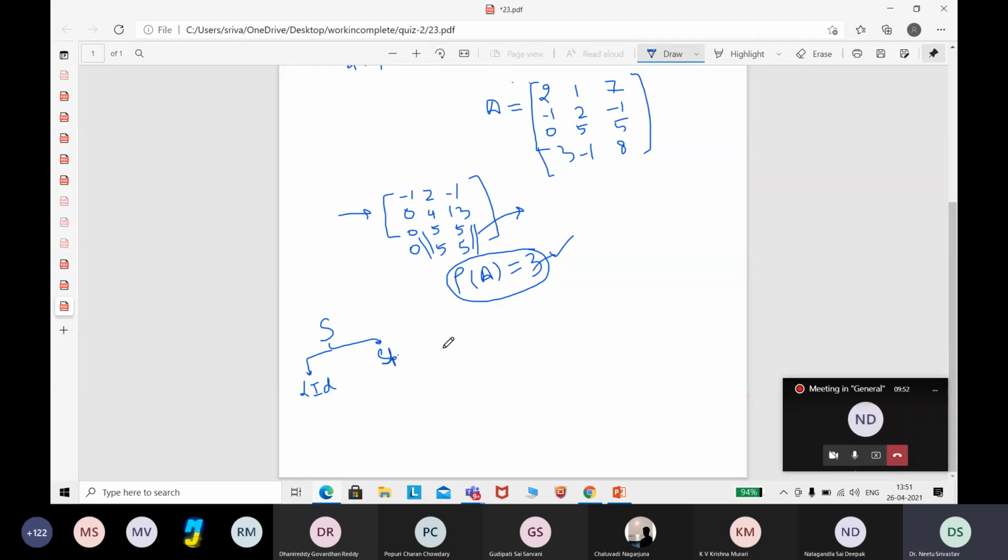So what does it mean, linearly independent and spanning? Linear independence should be proved within the set, and spanning is the criterion which has to be proved, that S spans V. So how do we prove it?